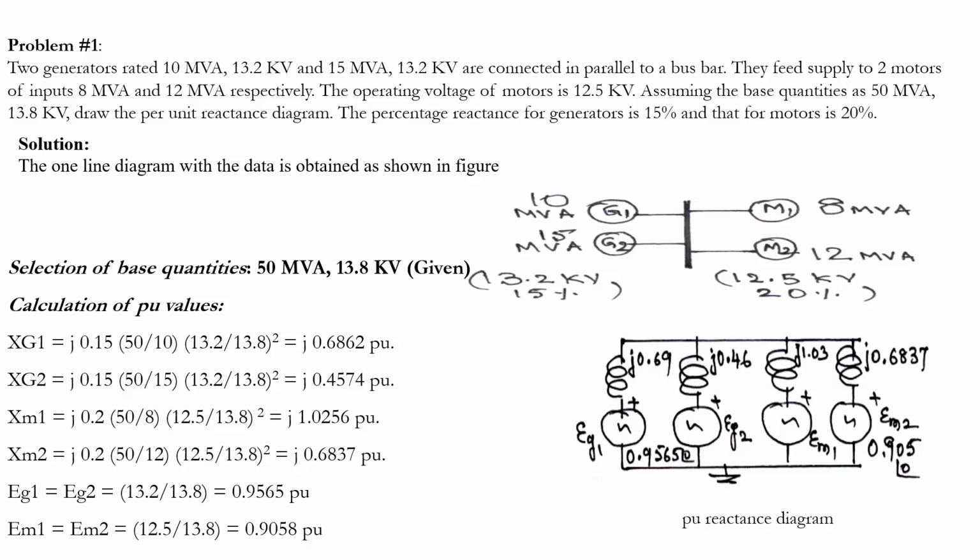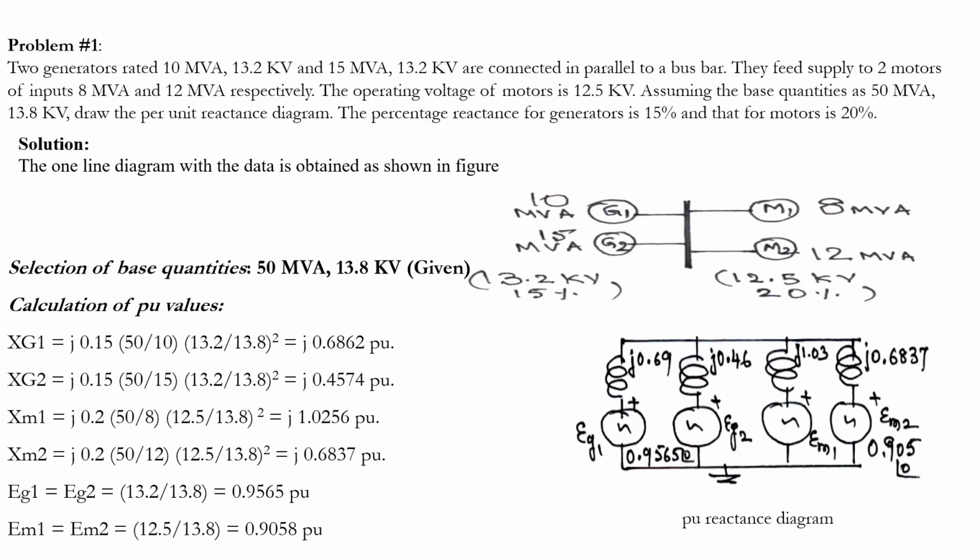Also, the voltage for the generator is given as 13.2 kV, and the base value is the voltage base of 13.8 kV. So, old by new, you get the actual by the base value. This is your generator per unit value, 0.9565 per unit.